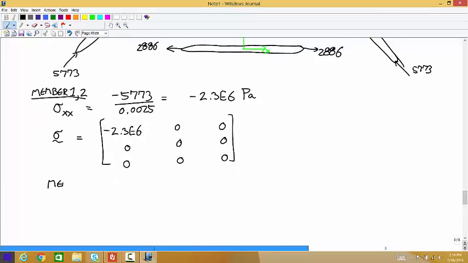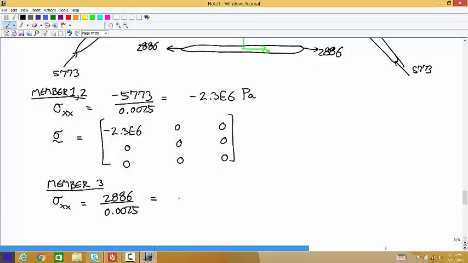And then for member 3, sigma xx is positive 2886 divided by the cross-sectional area. Oh, that's half of this one, isn't it?